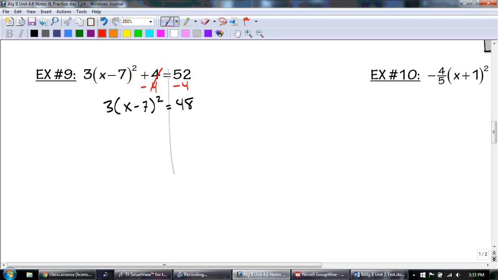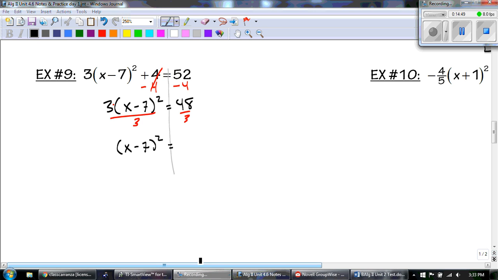I think you can do it. Okay, I'll help you out. We need to get rid of the 3, so I'm going to divide both sides by 3. And then we have (x - 7)² equals, I don't know, but you guys are going to do the rest of the work. When you pause the video, solve it, and then when you come back, you'll see my final answers. Good luck.